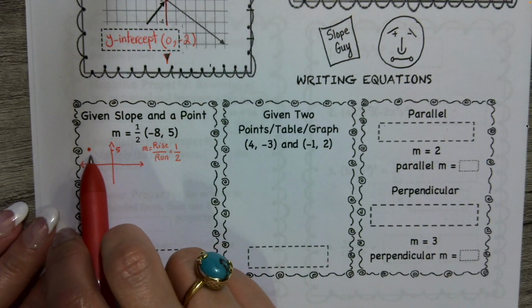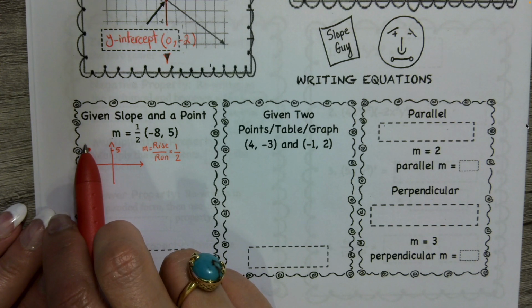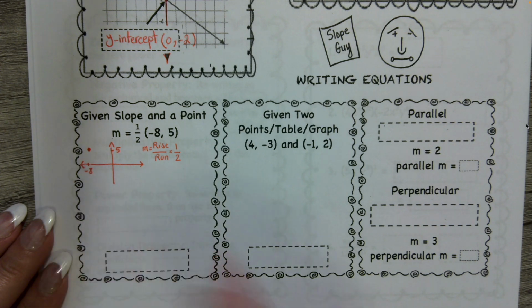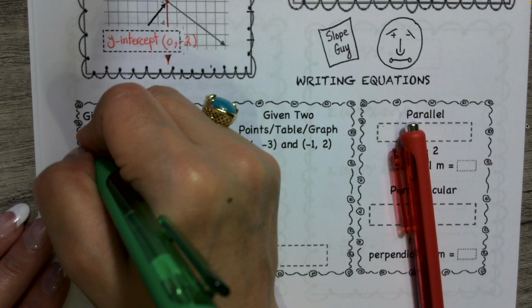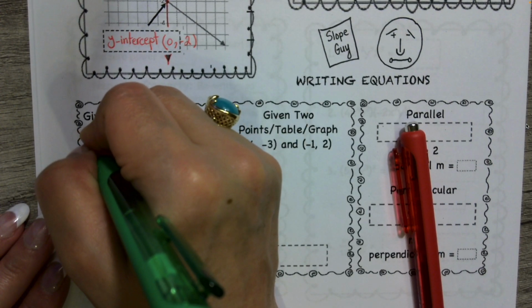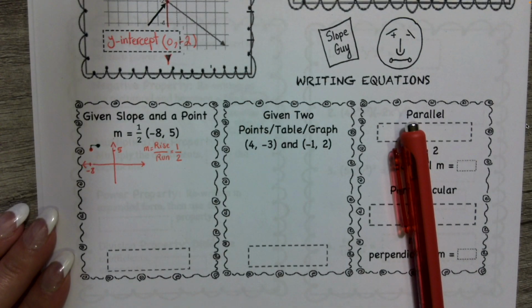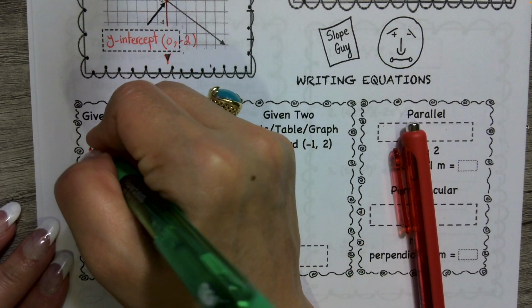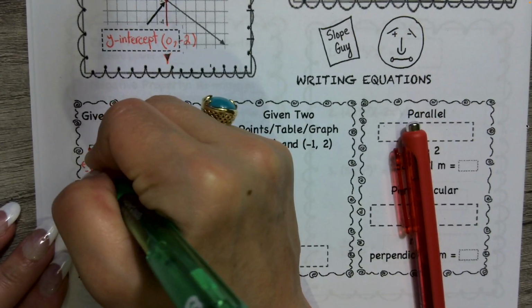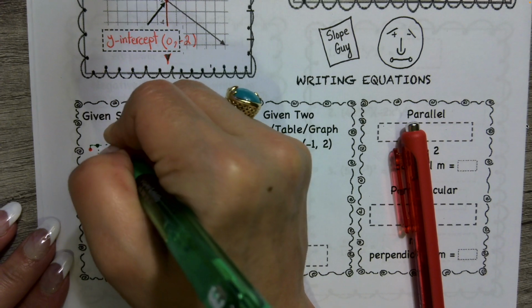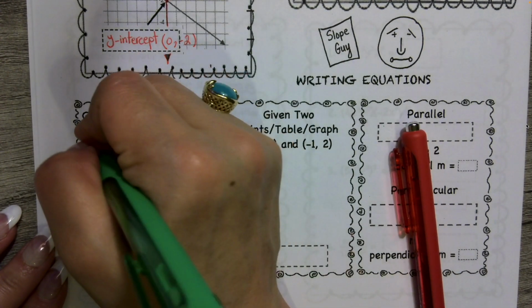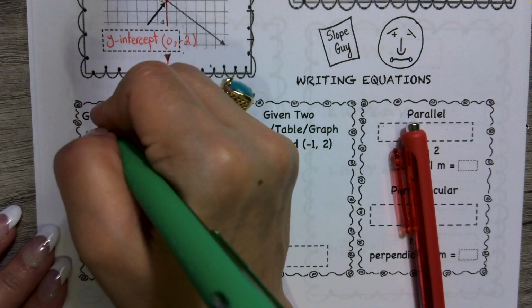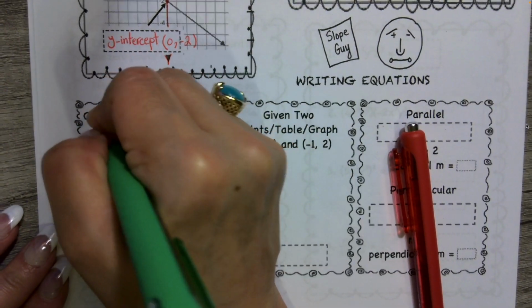Meaning you move 1 up from this point and 2 to the right. So 1 up, 2 to the right. That is the other point that we have in this graph, and the coordinate for it is -6 and 6. Just like that, I found my second point, -6 and 6.